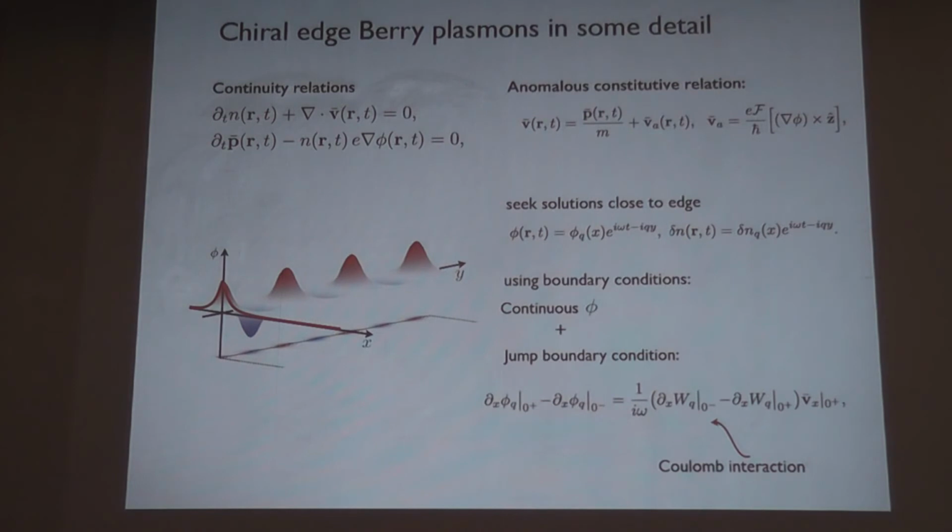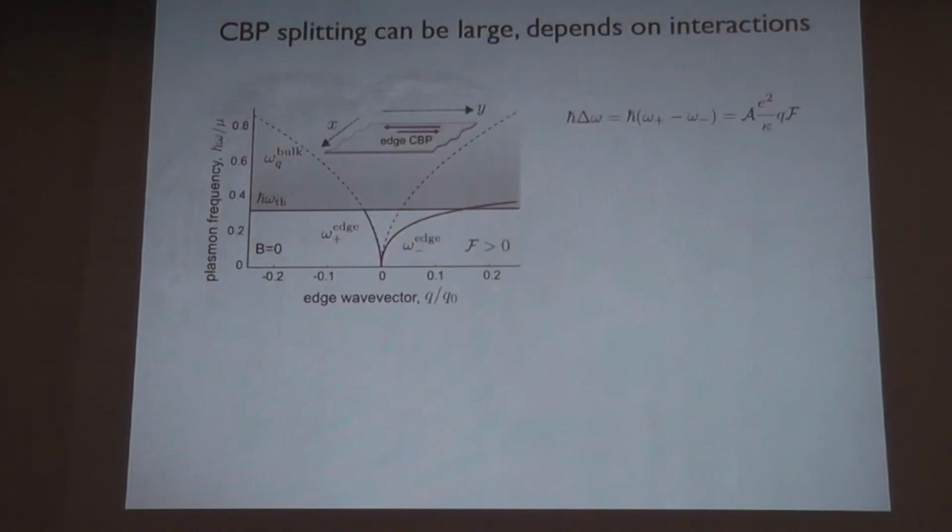And then I can seek the solutions close to the edge of the system, solving Poisson's equation, using appropriate boundary conditions, and then as you can see here, the amount of charge pile up on the edge gives a jump in the boundary condition for partial x phi. So that's how one can arrive at Berry plasmons.